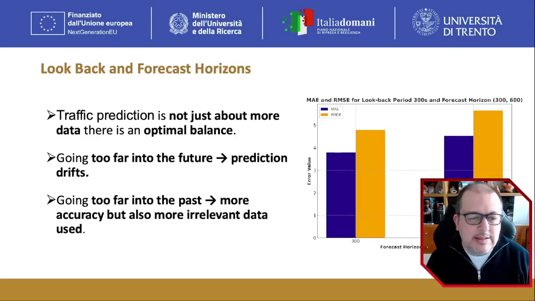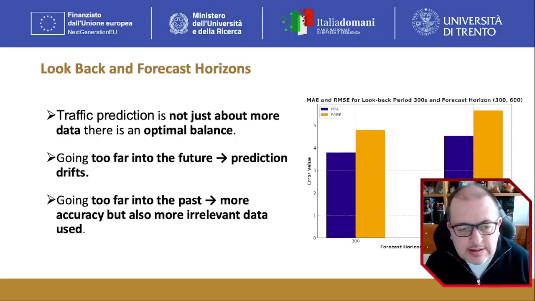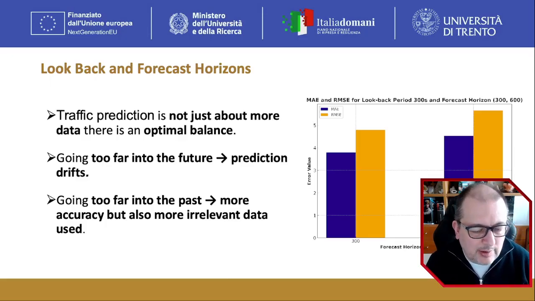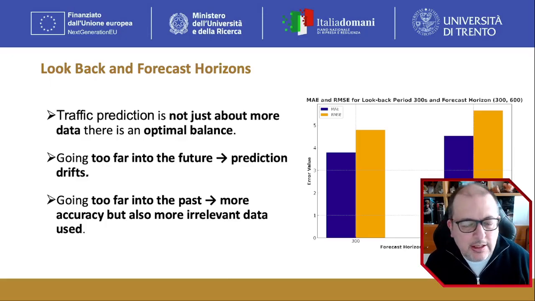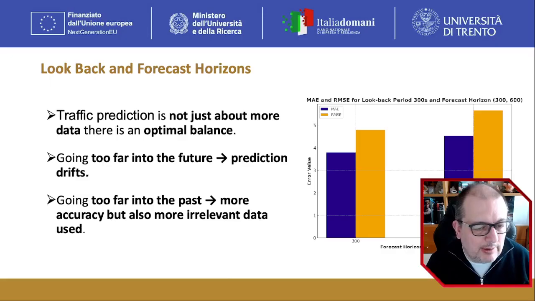So what we can say is that it's important to properly balance how much we look in the past and how much we look in the future, because looking in the past increases the complexity of our system and of the prediction, sometimes without improving our performance too much, while on the other side, looking too far in the future can be problematic because it can lead to prediction drifts.